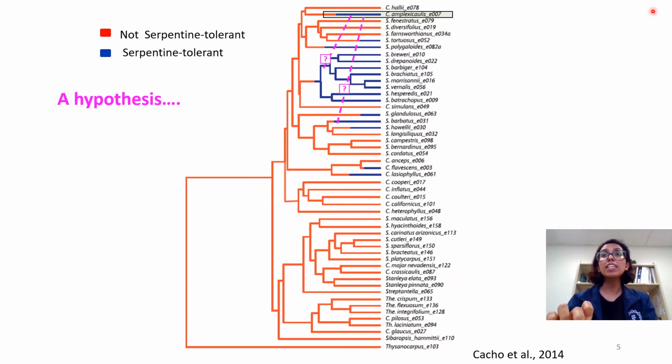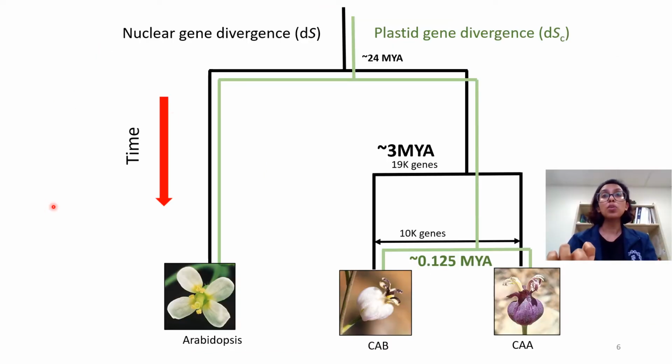From previous studies in our lab, we have evidence that there have been two divergence events in the evolutionary history of CAB and CAA that looked like this. There was an earlier divergence about 3 million years ago and a recent divergence about 0.25 million years ago, supported by both nuclear and plastid data.